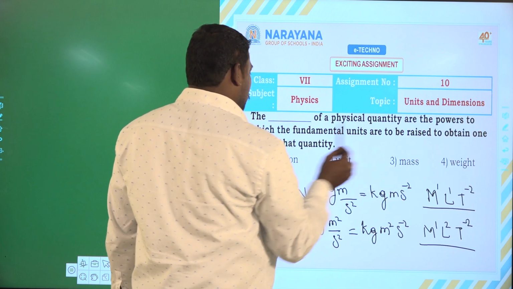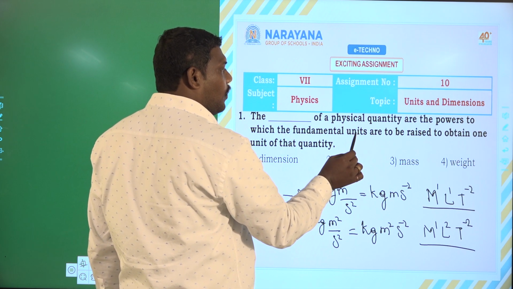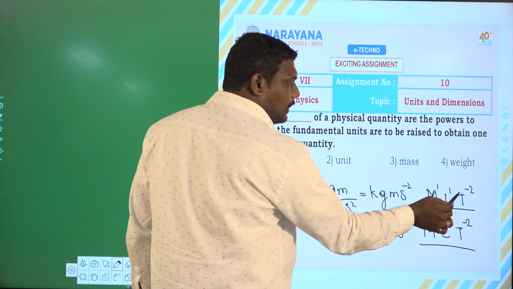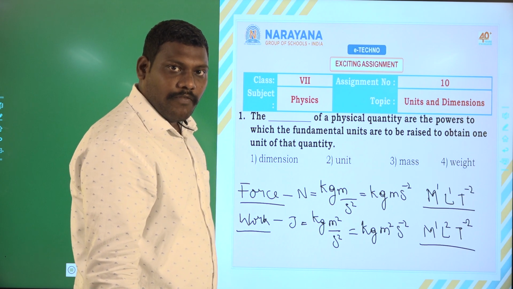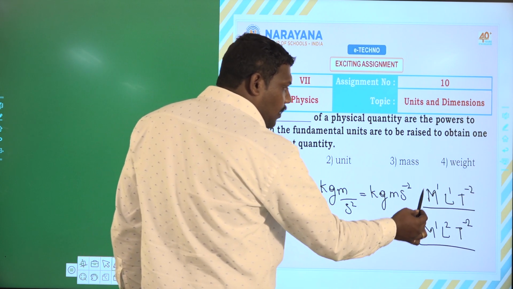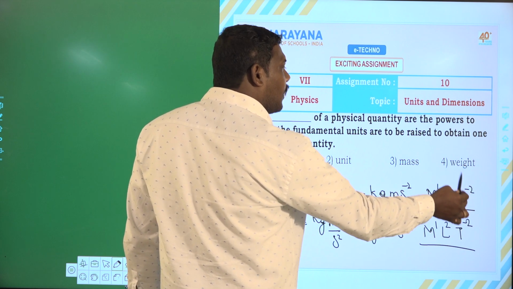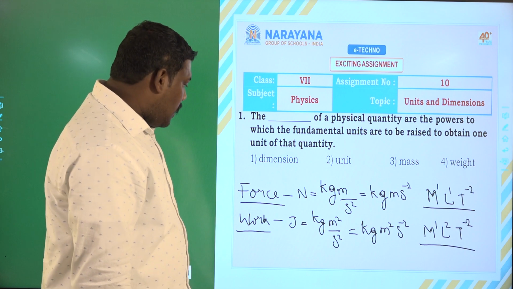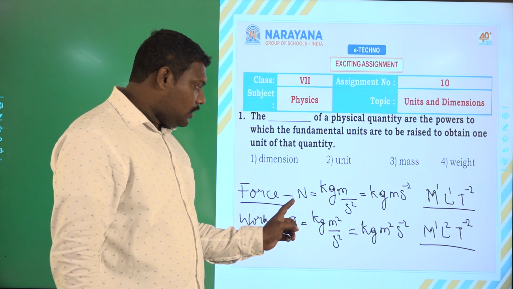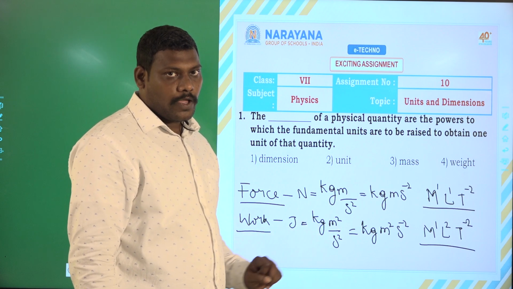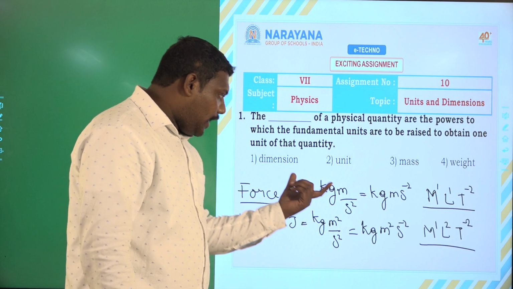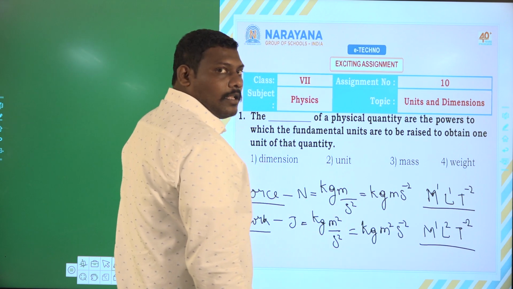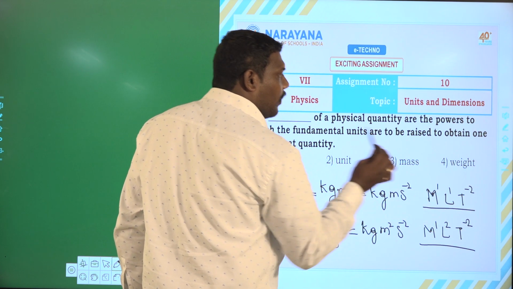The powers to which the fundamental units are to be raised. These are fundamental units: mass, length and time. Now these fundamental units are raised to some power to obtain one unit of that physical quantity. Force, one unit is Newton or kg meter per second square, right? So to obtain this, we have raised the fundamental quantities to a power.